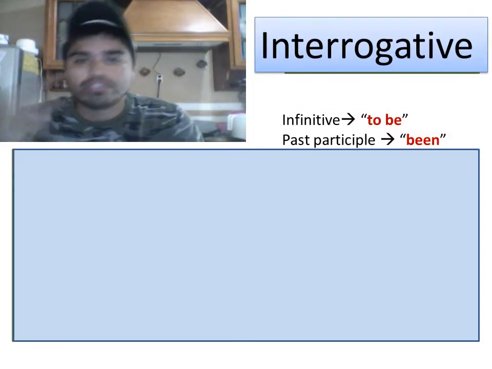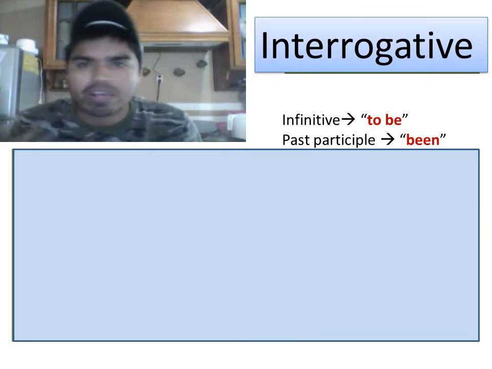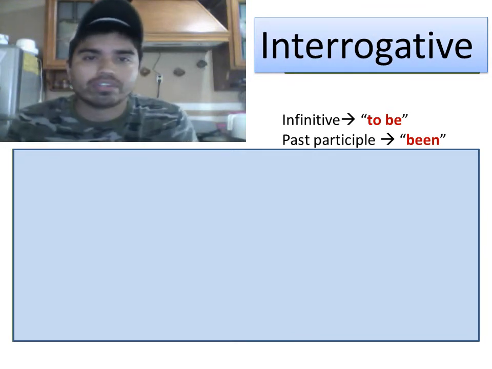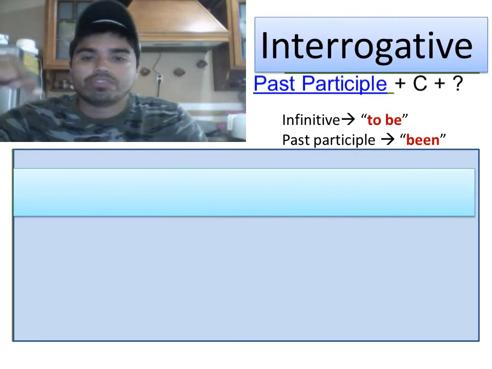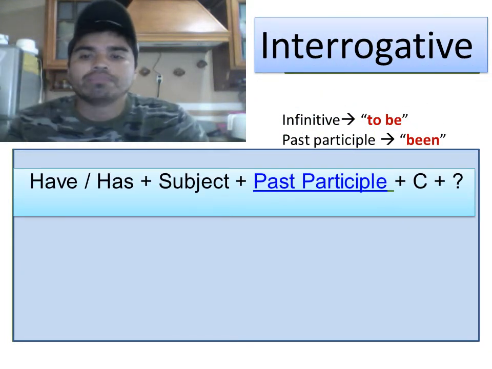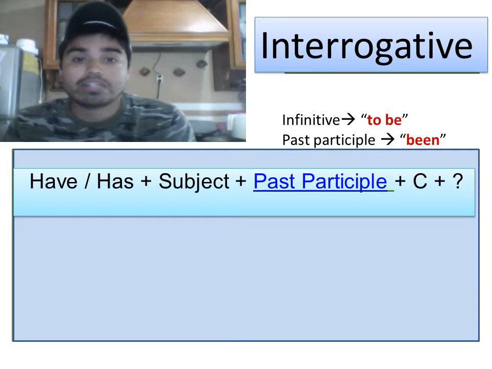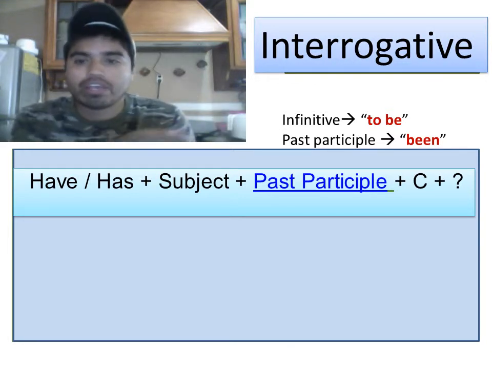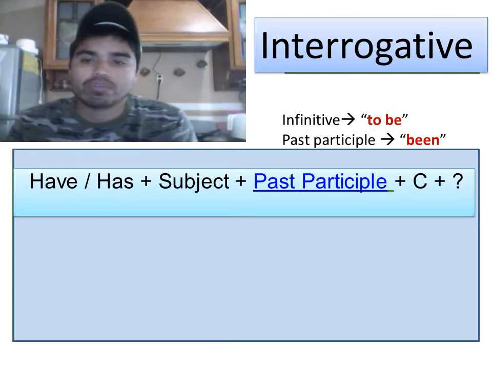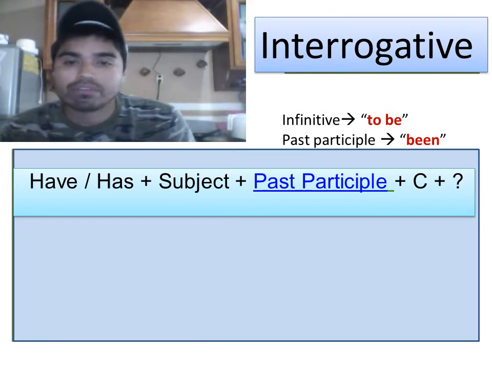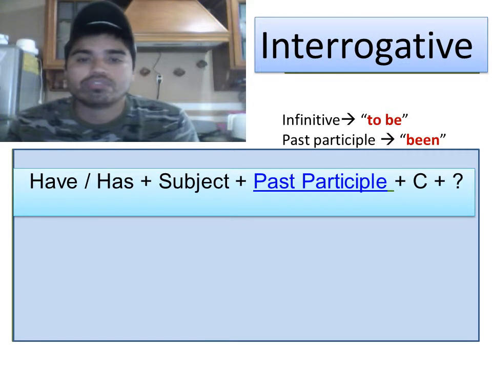Now we're gonna change the form. We're gonna talk about the interrogative form, when we make questions by using this tense. We're gonna start with this formula right here, at the bottom. We swap it, we change the order, and we start with the auxiliary have, or we can use the auxiliary has.